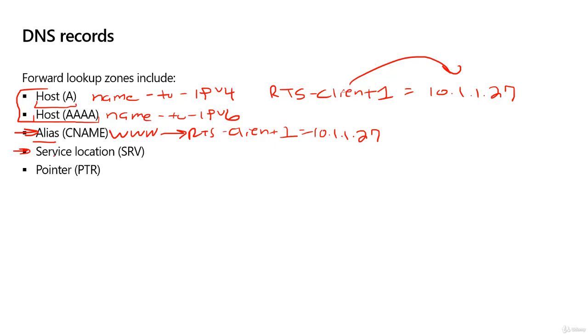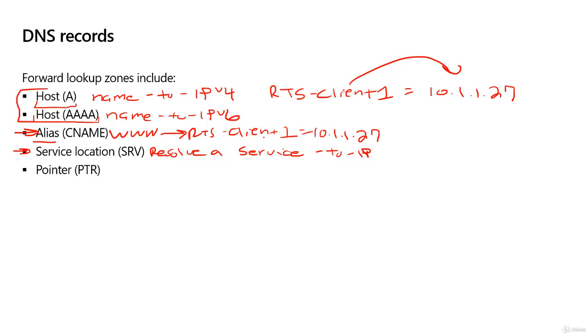We also have these service location records. Everyone calls them SRV records or serve records. What this does is resolve a service ultimately down to an IP address. The most common example of this is when you log on, every time you try to log on to the domain, like with your user account from your client computer, you have to locate a domain controller.